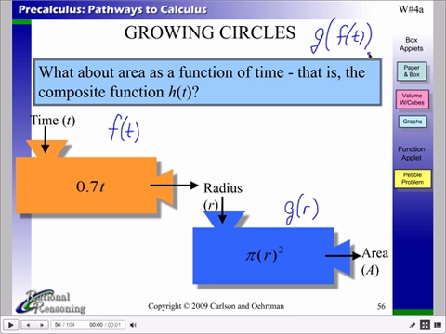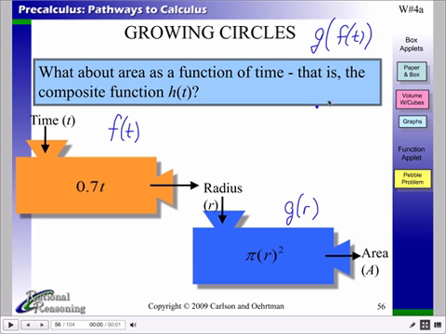If we had one function that did the same thing as these two in succession, what would the input of that one function be? And what would the output be? Area. Right, so can we build a function whose input is time and whose output is area? That would be like the one-step version of the composition.